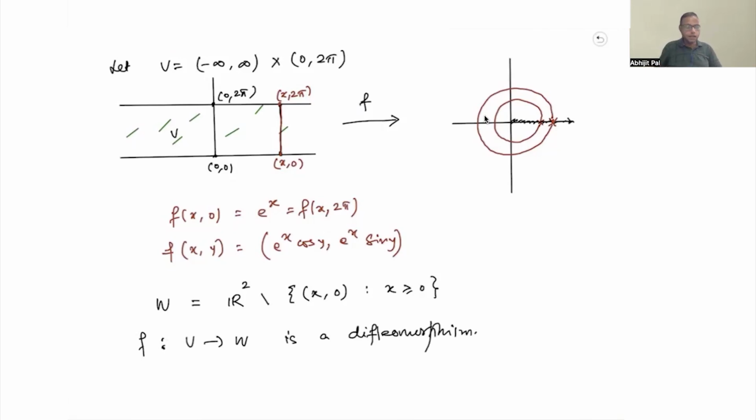Now let us take a regular surface in R³. We want to show, using the inverse function theorem, that it is locally a graph of a function. Proposition. Before proving this proposition, let me state this thing. Suppose you take this sphere.